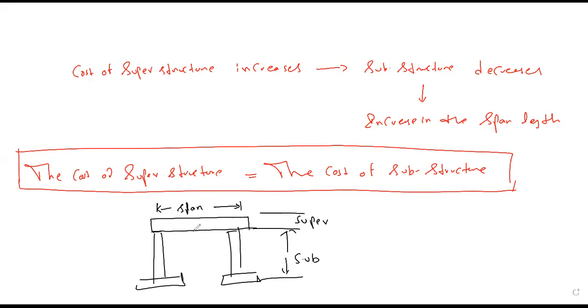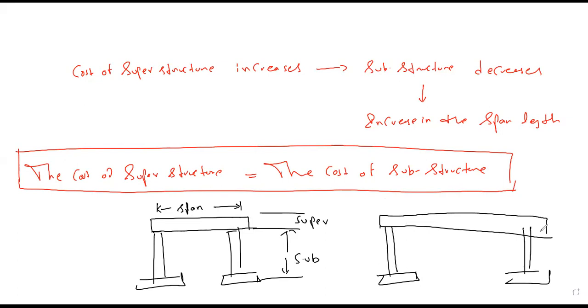Because if you see the same bridge with the same pillars, I can have even more span, even a very big span. Here let us say the span length is 100 meters, here the span length is 50 meters. See, the number of piers is 2, but the span is increasing.